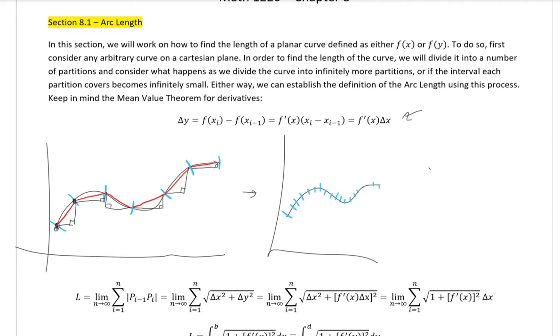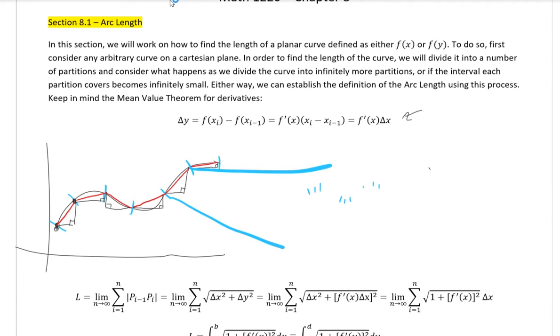So in order to find these, if I zoom in on one of them, for example, say I take this partition here and I zoom in on it, what I'm doing is I have this curve defined from this point to this point, and I think of a right triangle defined there to find this hypotenuse in red.